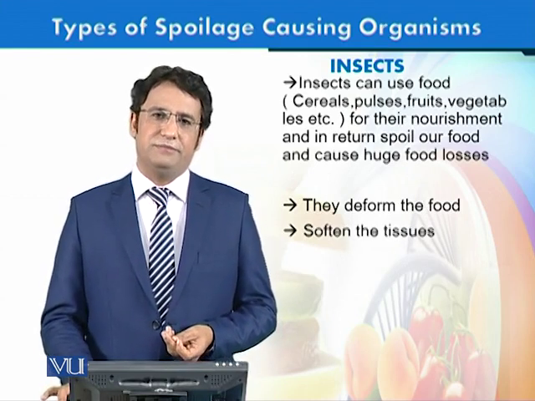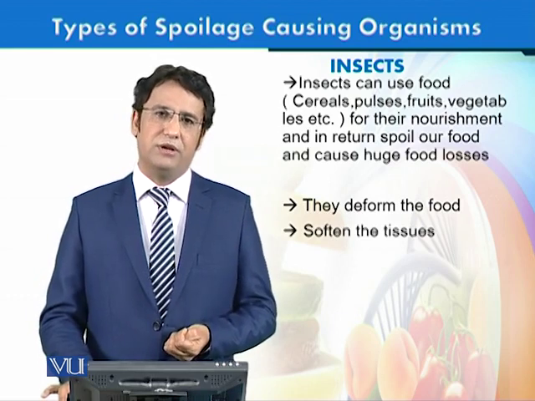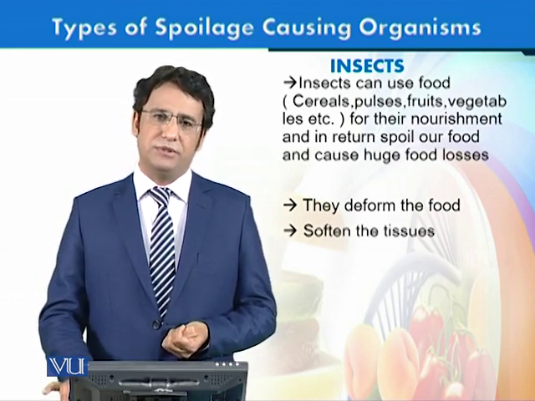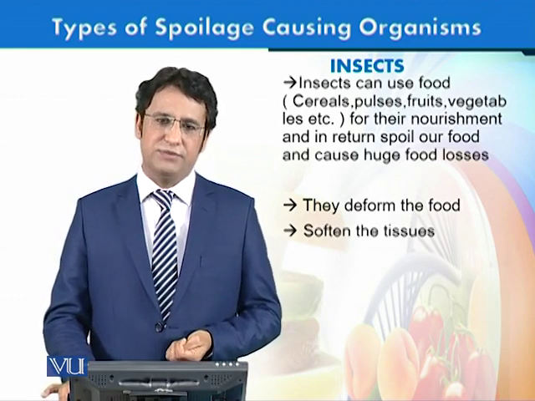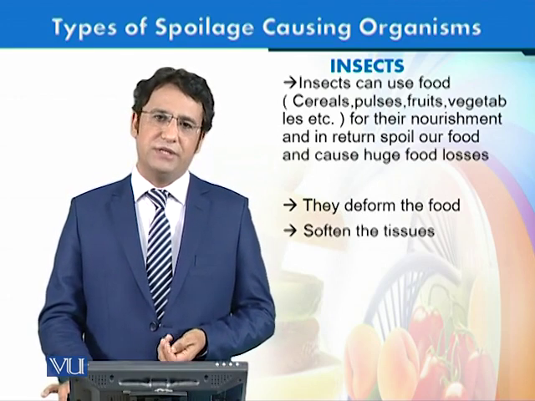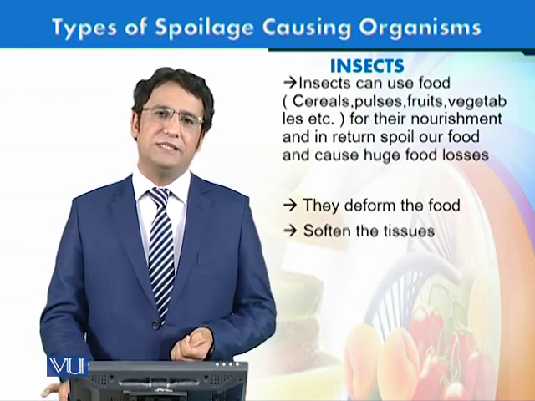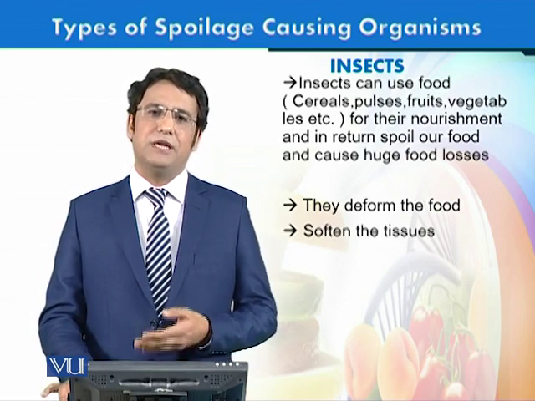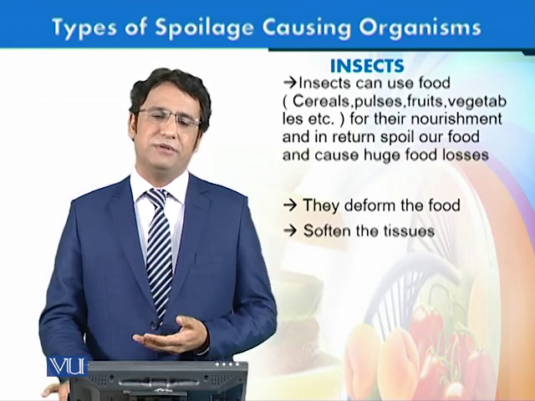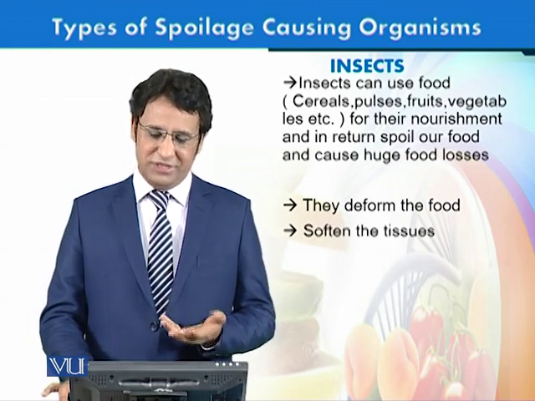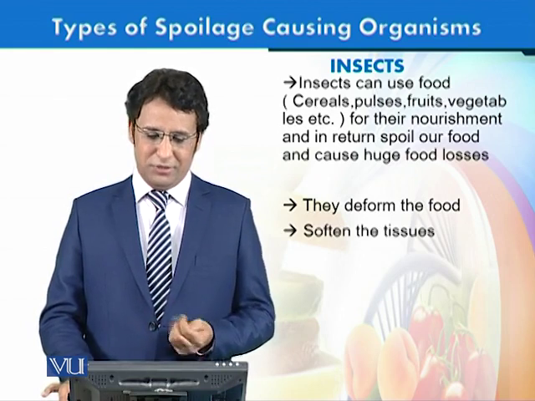Insects are another organism which is very important when it comes to the spoilage of food. They attack cereals, pulses, fruits, vegetables, etc., for their own growth. If we talk about the number of insects that are present, they basically outnumber the human population. So there is a very stiff competition between humans and insects for the utilization of food that is available on the planet.